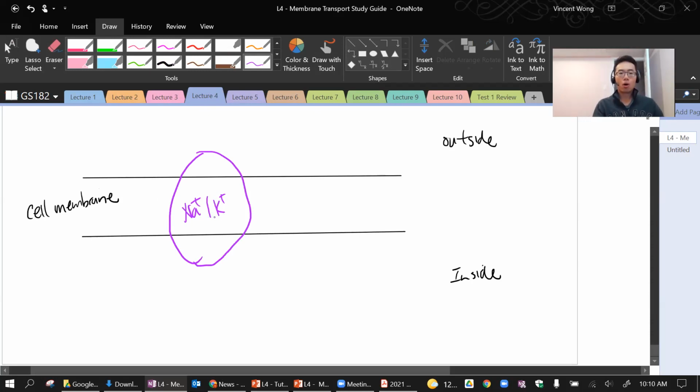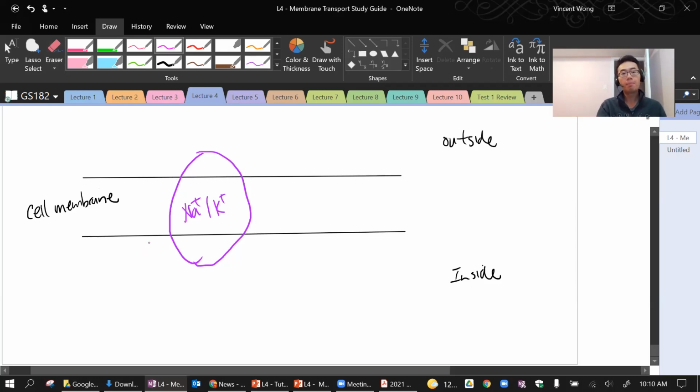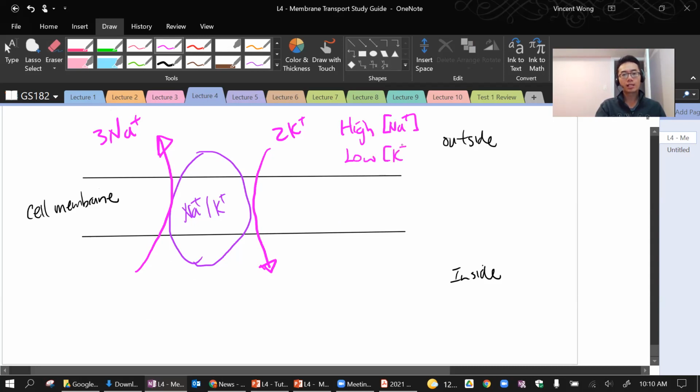The key thing you have to know for the sodium potassium pump is it will pump 3 sodium out of the cell in exchange for 2 potassium. Over time, as this is happening, you will have high sodium concentration on the outside and low potassium concentration on the outside, because you keep bringing the potassium in and the sodium out.